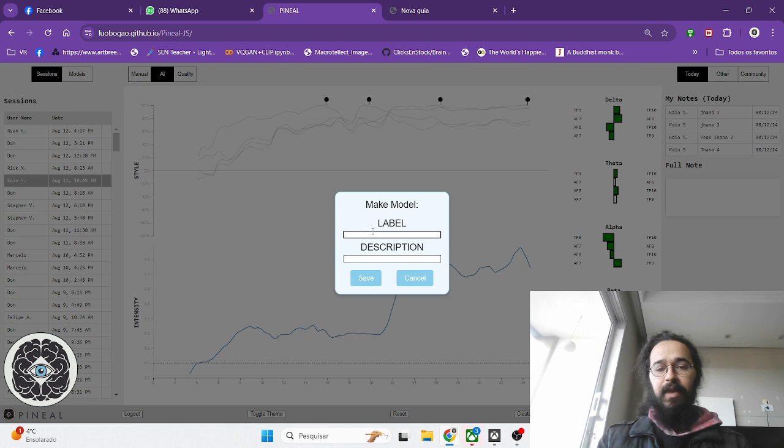I can put the name here, the description of the practitioner, and this model will go directly into the app.